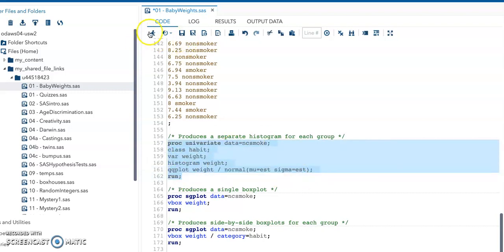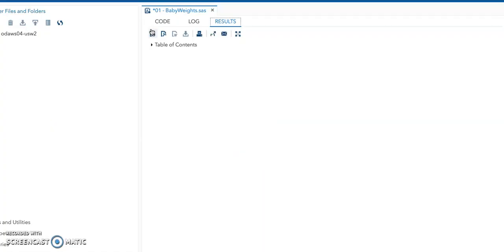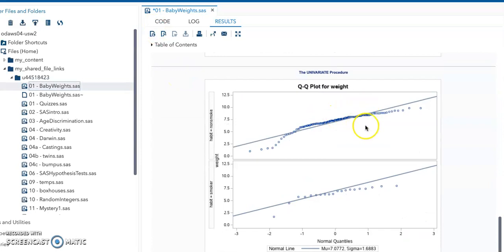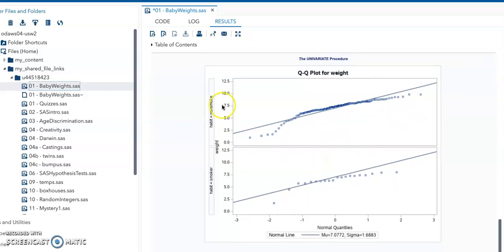You'll notice that when I add this normal in parentheses and then that stuff inside there, now my QQ plots show up with this 45-degree line. I'm hoping that these dots will fall roughly along that line. It doesn't really look like they do. All of these ones are below the line. They're also below the line here. And so maybe this isn't going to be the best.